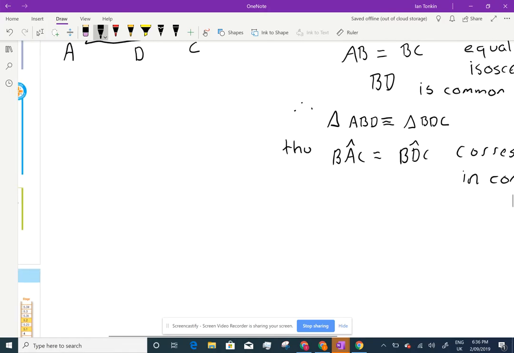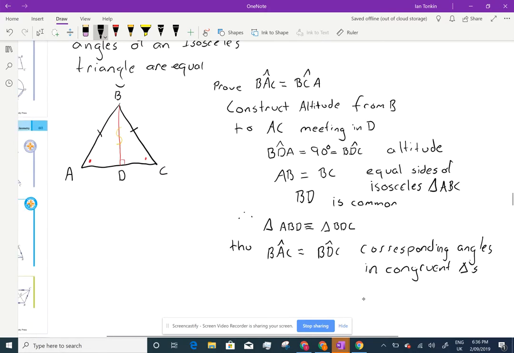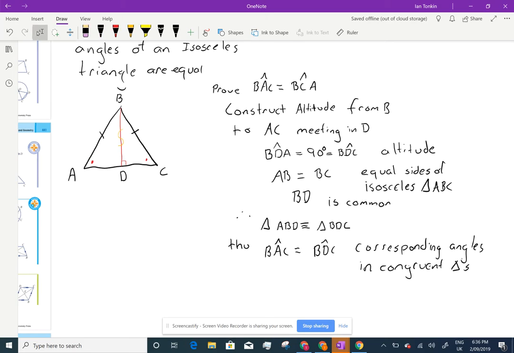Okay. Now, there's the proof, and that's why we know that the base angles of an isosceles triangle are equal, because you prove it using congruent triangles. It's not something that's just someone's gone, oh, wow, that looks like that works. They've actually gone through and proved it, just as you will have done after you've copied that down.